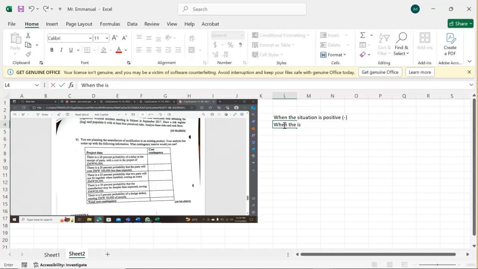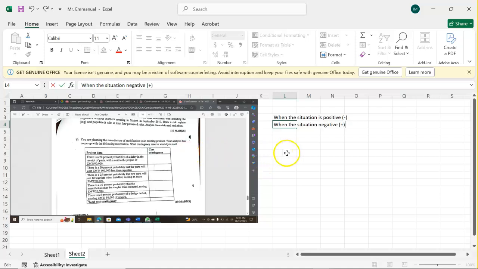But when the situation is a negative situation, you have a loss, or if it's a dire situation, then the number is a positive number.